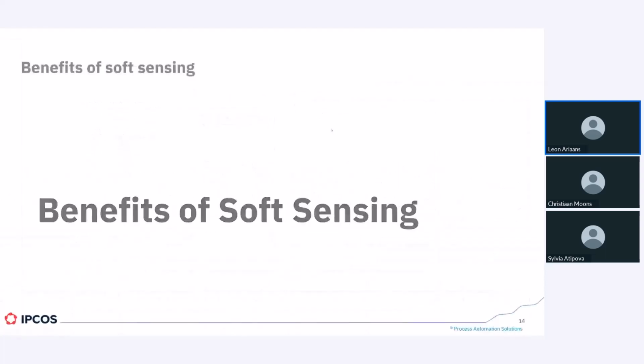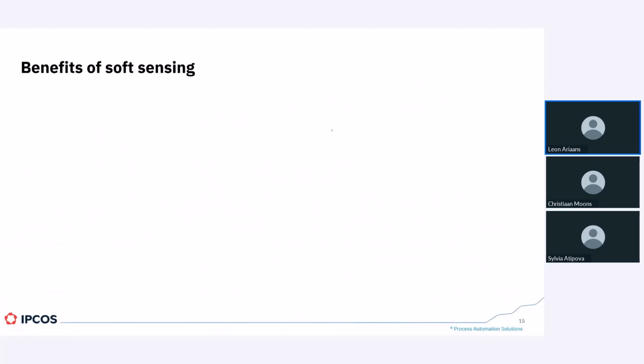Now, let me talk about why soft sensing. What are the benefits of soft sensing? Soft sensing comes into play when there's a quantity that you want to measure, but that you do not have direct access to. For example, the composition at the top of a distillation column, that's typically not something you can measure directly.